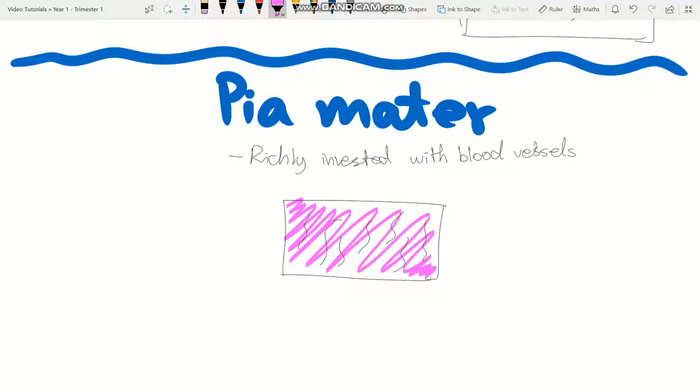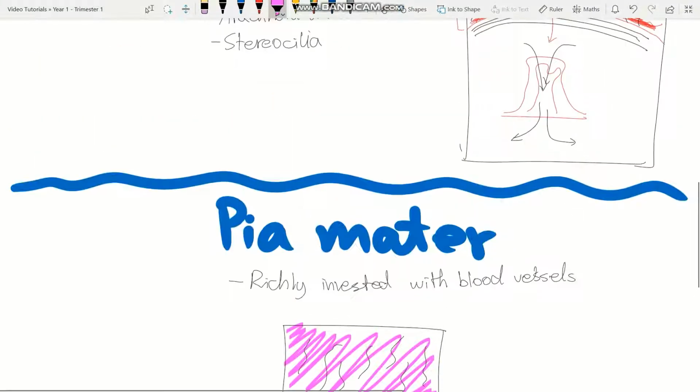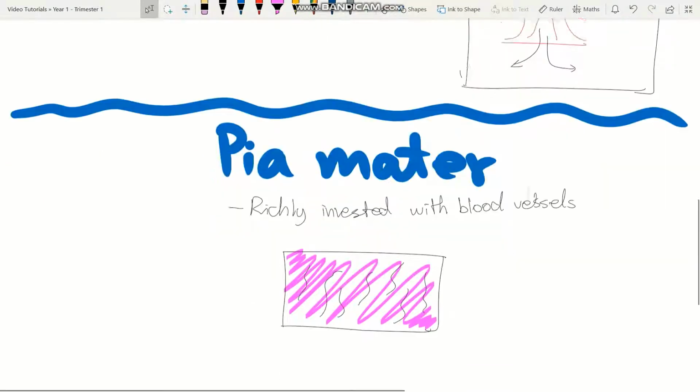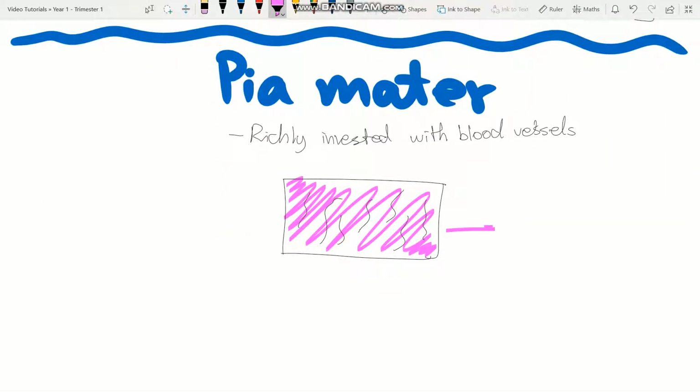And in fact, this contouring is so close that the various blood vessels that pass from the subarachnoid space into the brain actually take small amounts of the pia mater with them into the brain for a small distance. So a blood vessel would actually carry some of the pia mater into the brain.